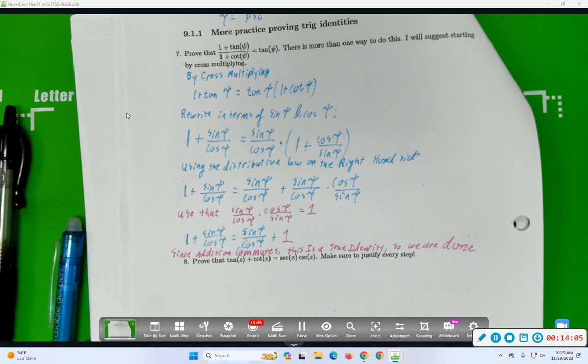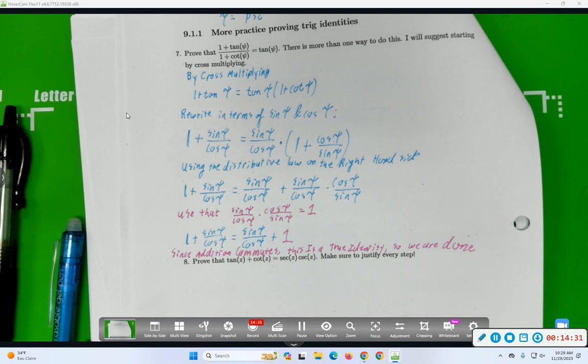So on this side, I see a fraction plus a fraction. And there's a thing you should always think of when you see a fraction plus a fraction. Have you read fractions? You need a common denominator.